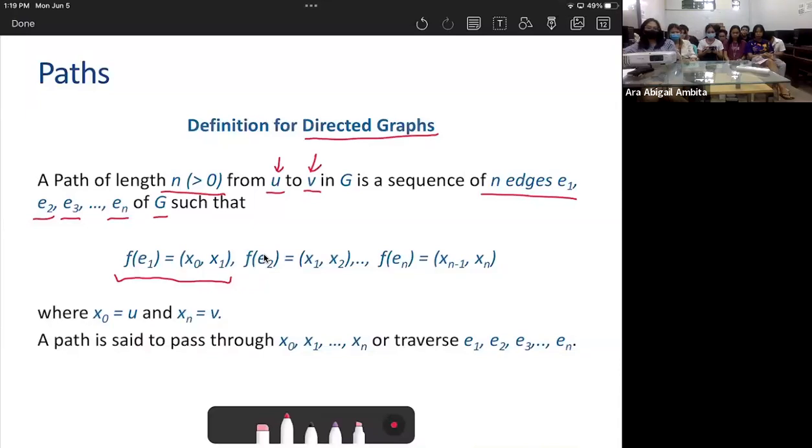Okay, and then followed by x sub 1, x sub 2, and then edge 2 and so on and so forth. Gets nyo ba?